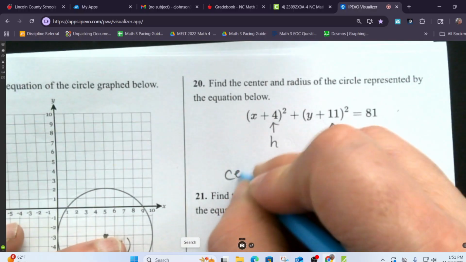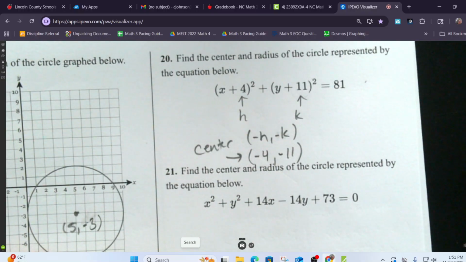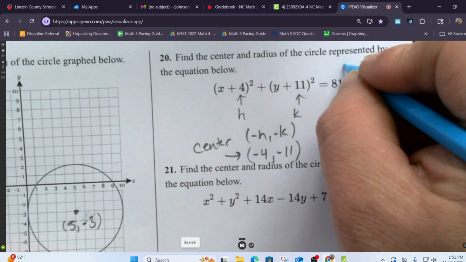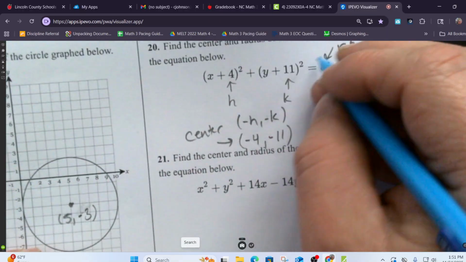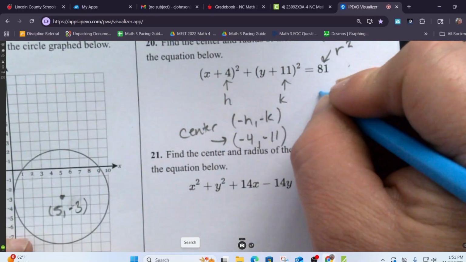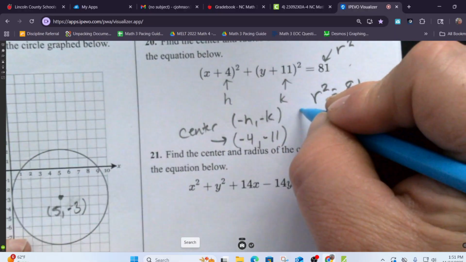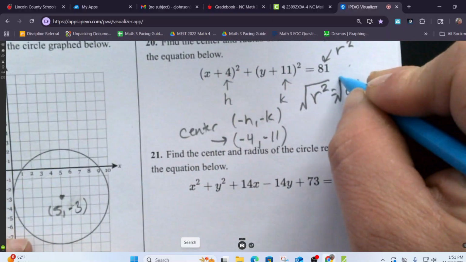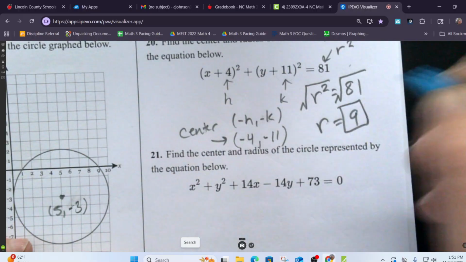There's my center. Then this is r squared. If r squared is equal to 81, to get the radius I just take the square root of both sides. My radius is 9.